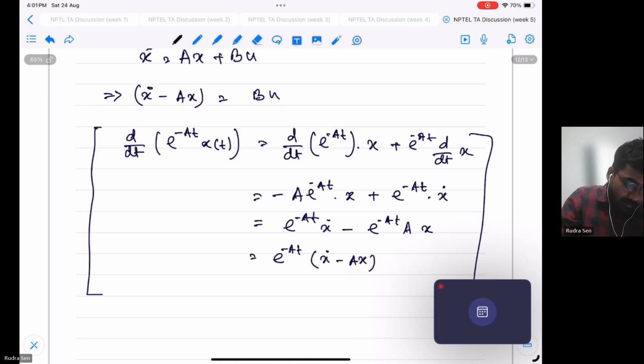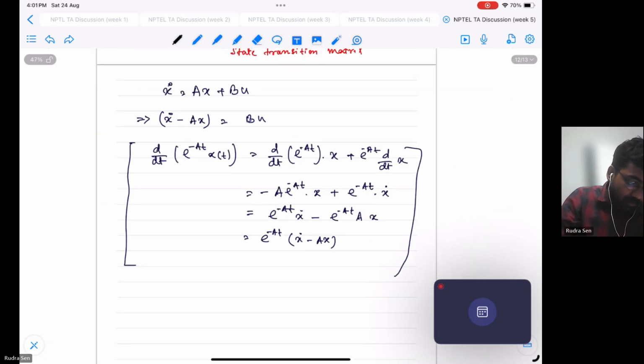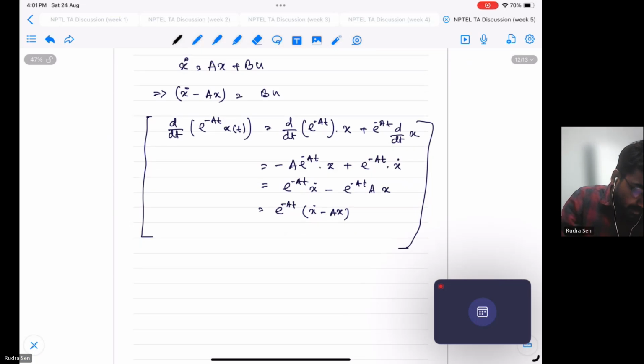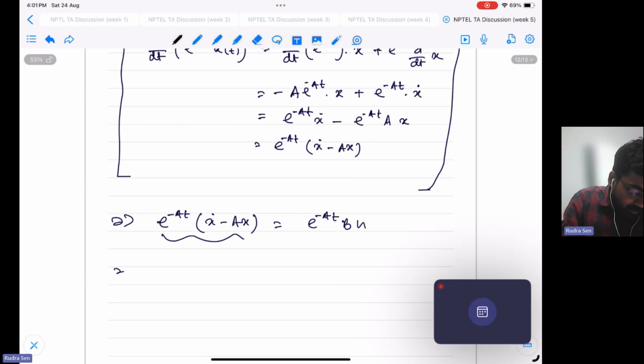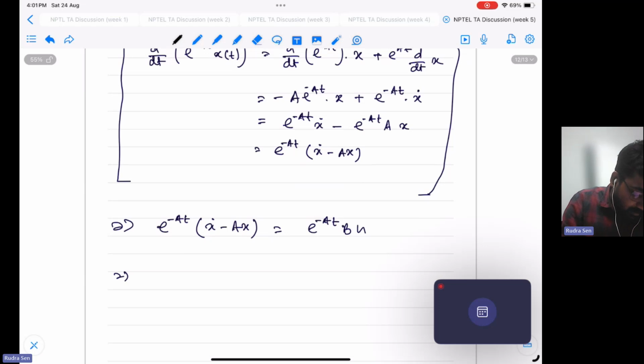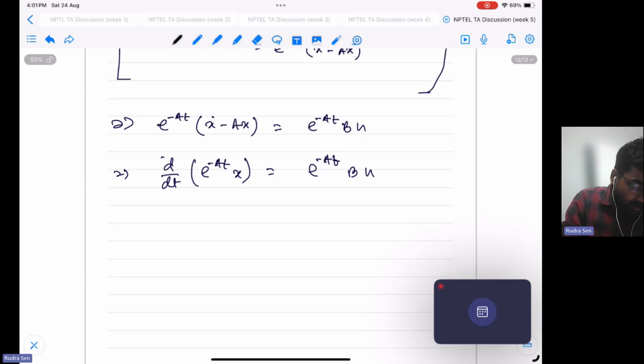Pre-multiply both sides with e to the power minus At: e to the power minus At times x dot minus Ax equals e to the power minus At Bu. So this term we can write as d/dt of e to the power minus At x equals e to the power minus At into Bu. Right.